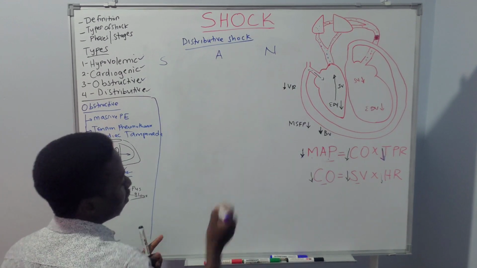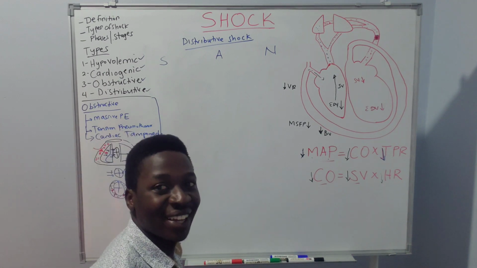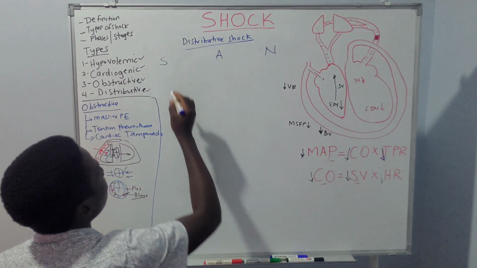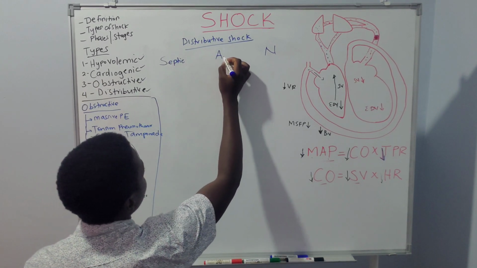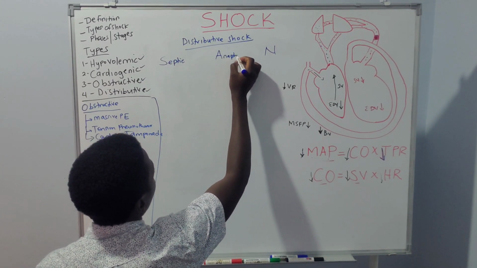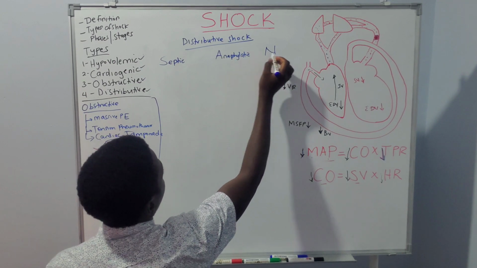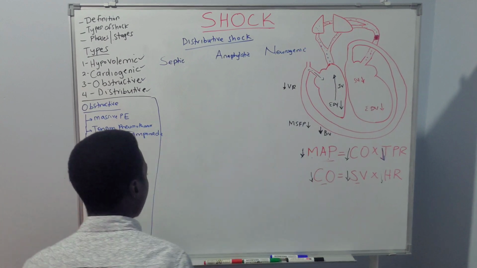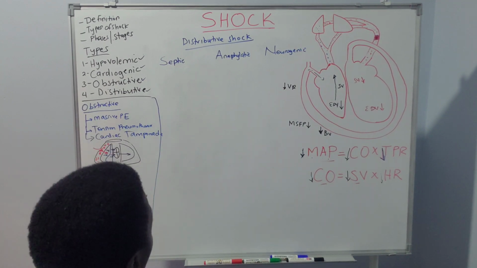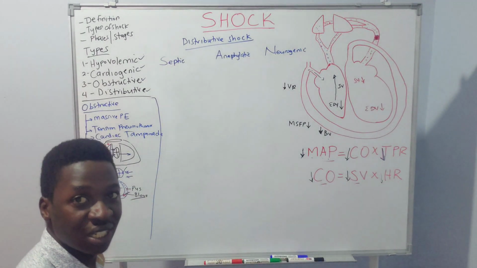So this is how I easily remember them, and this can help you. So S stands for septic shock, A stands for anaphylactic shock, and N stands for neurogenic shock.